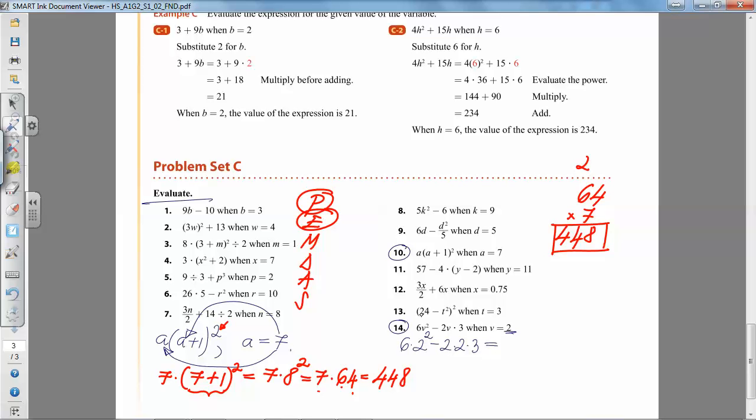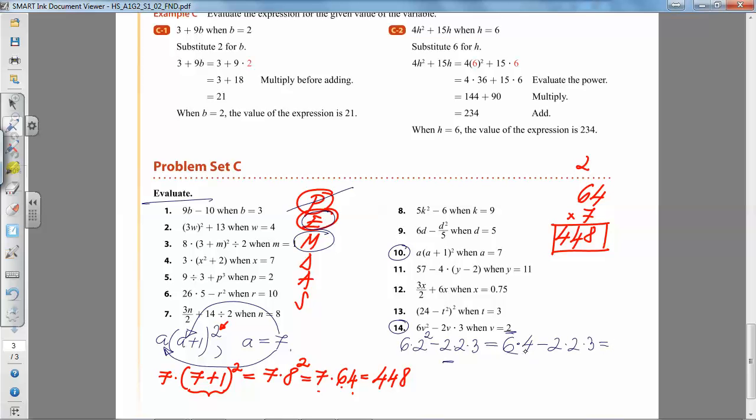Order of operations, parentheses, I don't have any. Exponents? Yes, I have 2 squared. Let's do that. 2 squared is 4, so 6 times 4, minus 2 times 2 times 3. What is next? Multiplication. I'm going to multiply everything here, right?